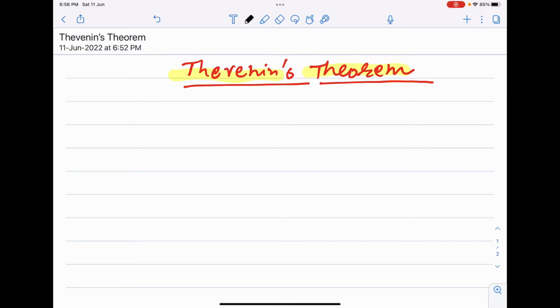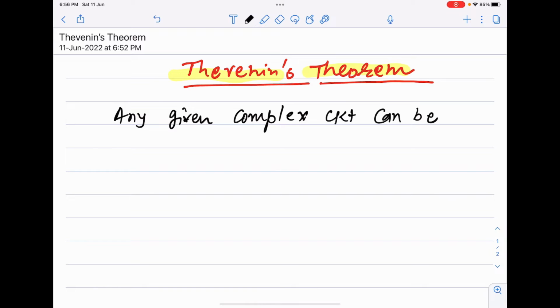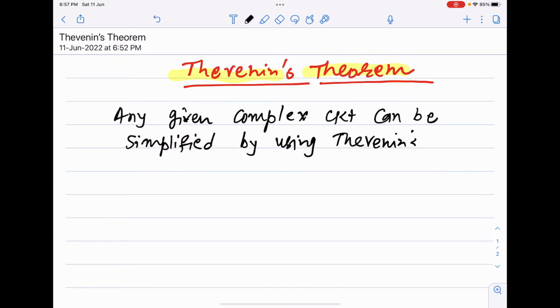So any given complex circuit can be simplified by using Thevenin's theorem.